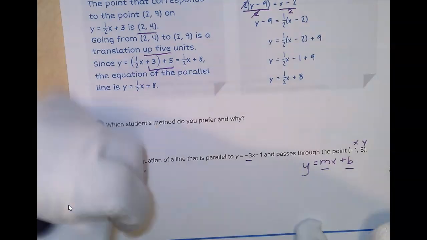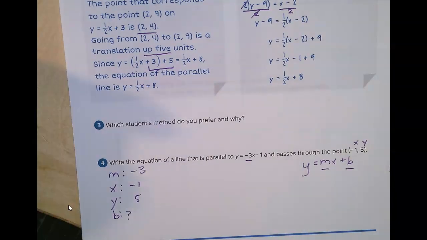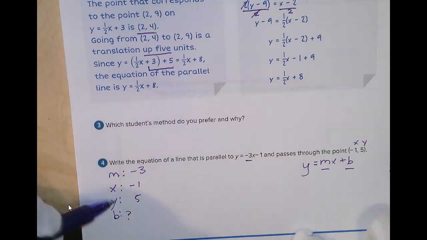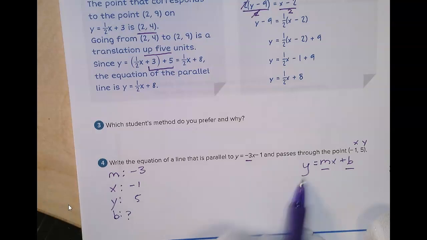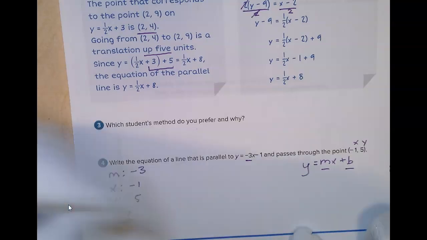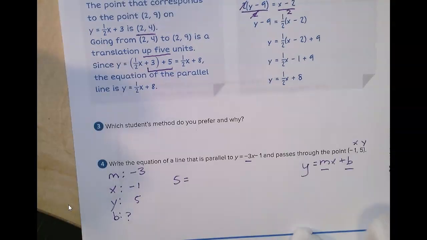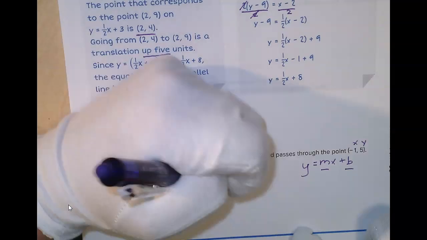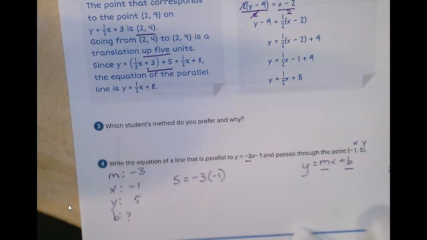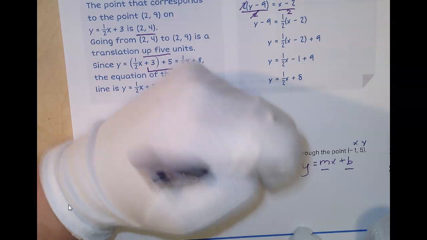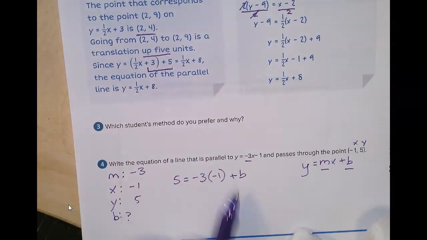X, y. So now what I do is I plug in everything I know into this equation. So I know y equals m times x plus b. And since I don't know the b, I just put plus b.